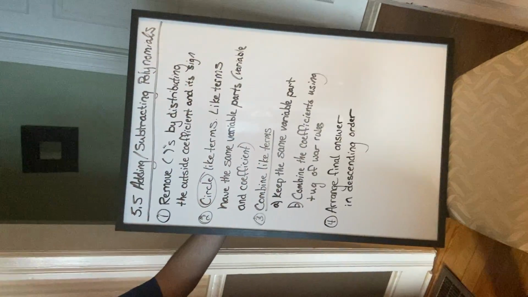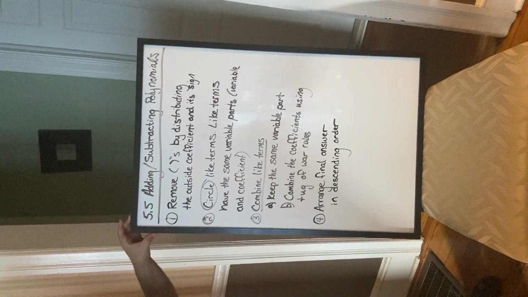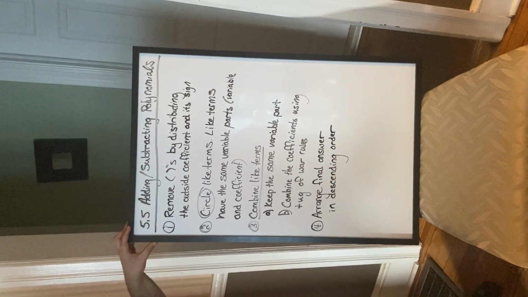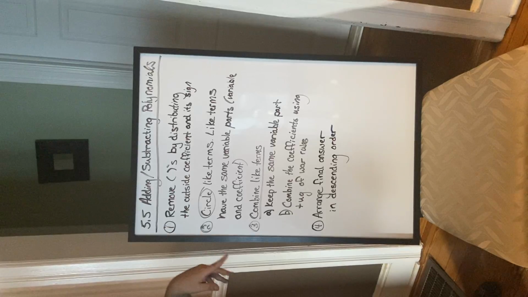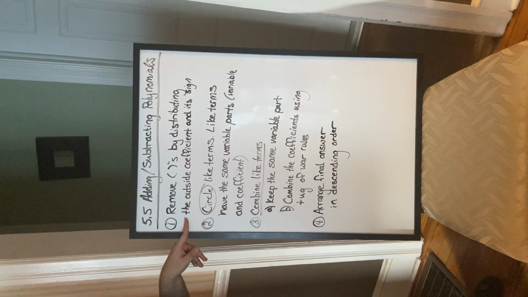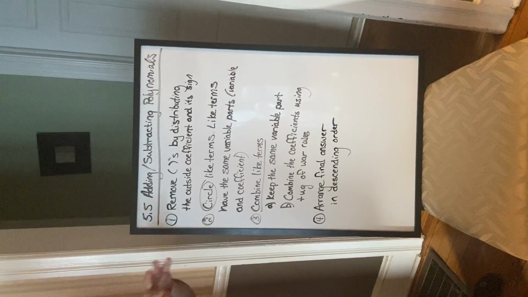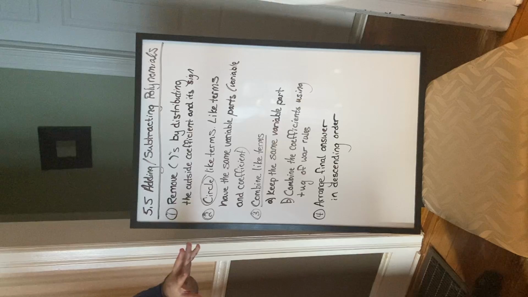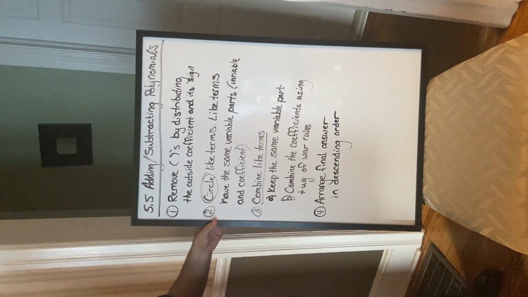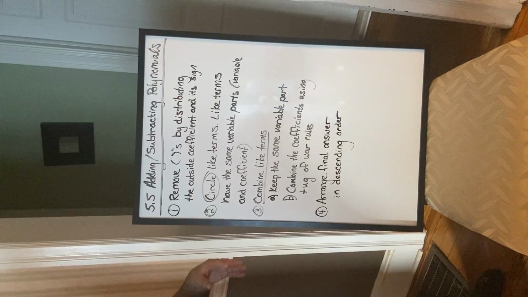Okay, so our first step says to remove parentheses, because these problems will usually have parentheses. What we're going to do is distribute any outside coefficient and its sign. Remember, if you don't see an outside coefficient, there's always an understood 1. Once you get rid of the parentheses, look for like terms.